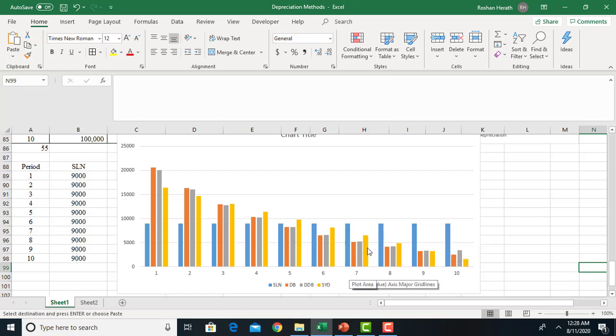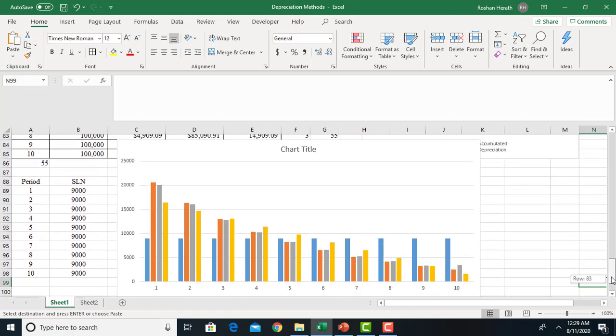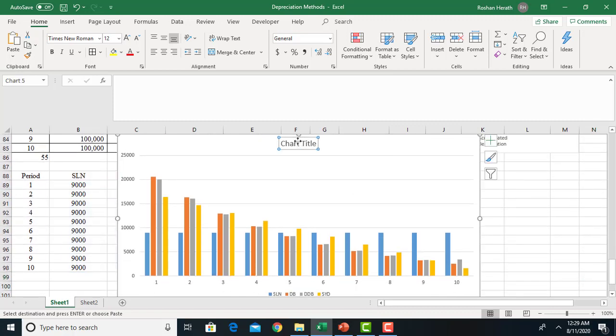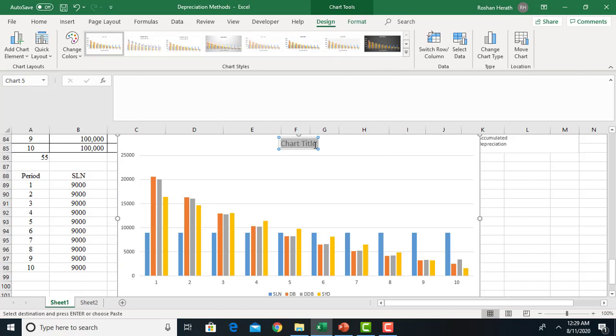This shows how the depreciation has changed throughout the period, and it gives you a good comparison across the different depreciation methods. It's a more graphical representation. Now you can see how each of these depreciation methods works. So it's a comparison of depreciation.